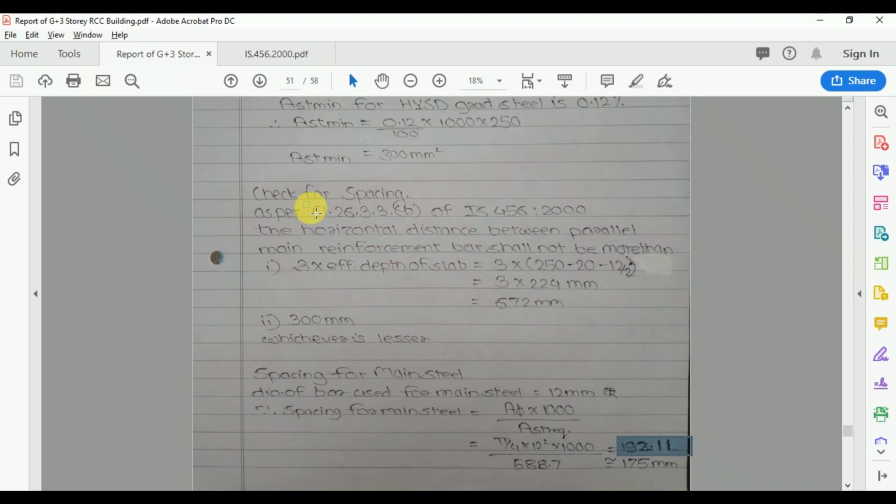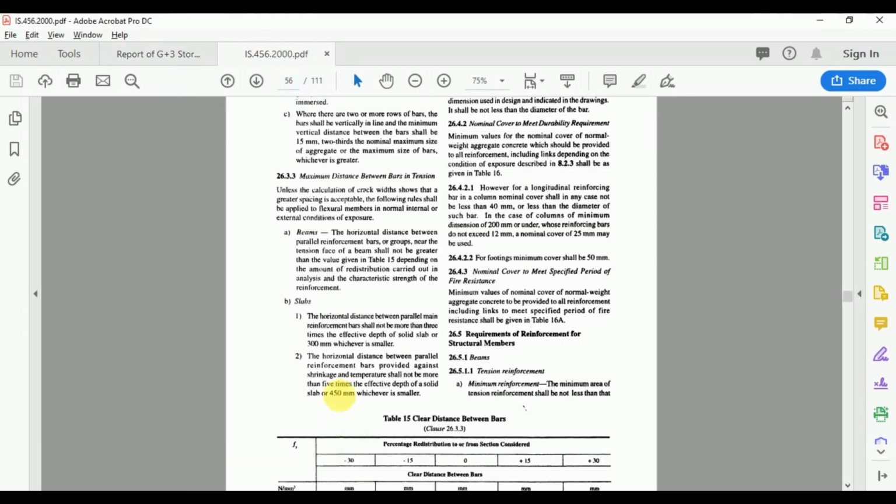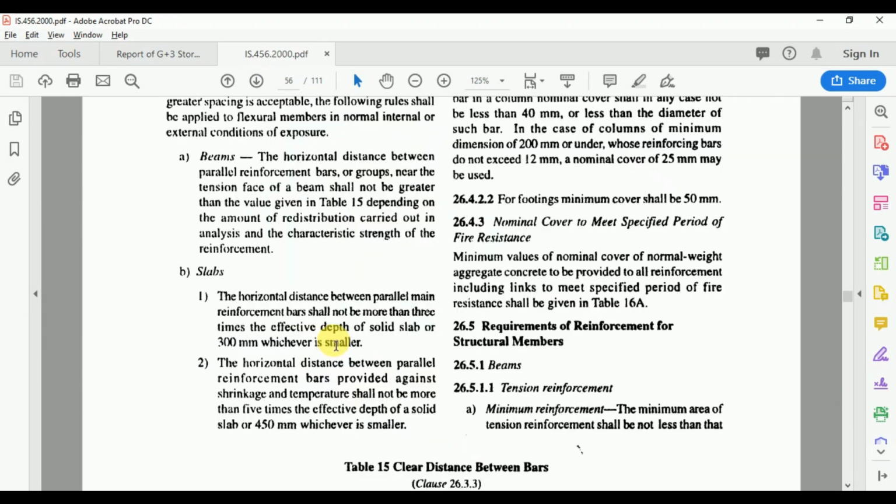The Indian Standard codal provision states that for the main steel, as per clause 26.3.3(b) of IS 456-2000, the horizontal distance between the parallel main reinforcements shall not be more than 3 times the effective depth.